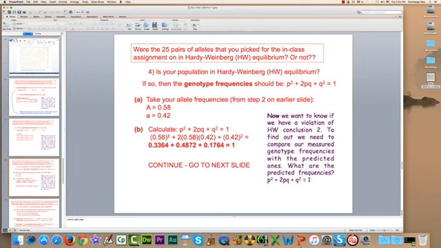So we have 0.58 squared plus 2 times 0.58 times 0.42 plus 0.42 squared. We just took our allele frequencies and plugged them in, big A for p, little a for q, and away we go. Here's what we got: 0.3364, so 0.34 plus 0.49 plus 0.18 equals 1.